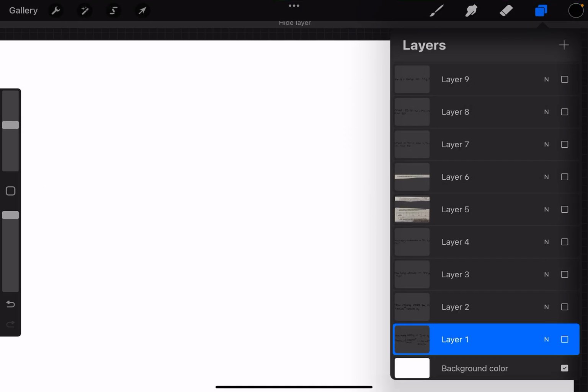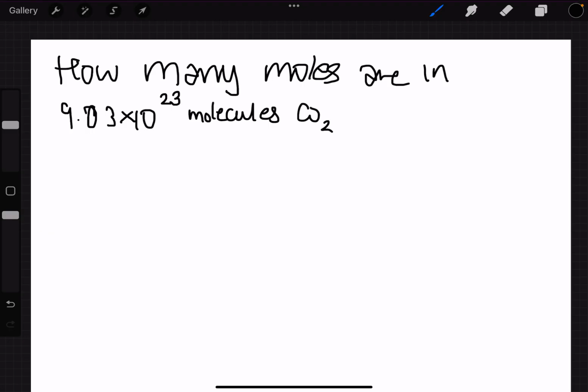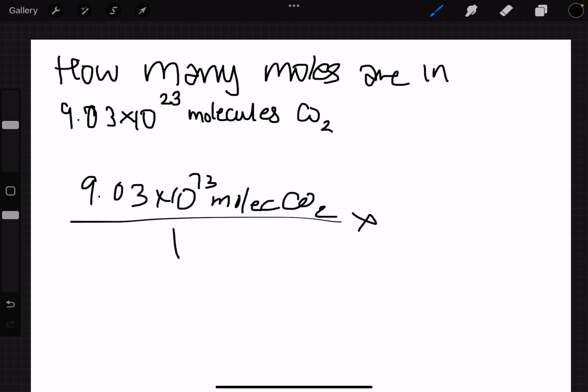Next question. How many moles are in 9.03 times 10 to the 23 molecules of CO2? So first, we're going to work backwards. So there's 9.03 times 10 to the 23, and you need to go from molecules to moles.